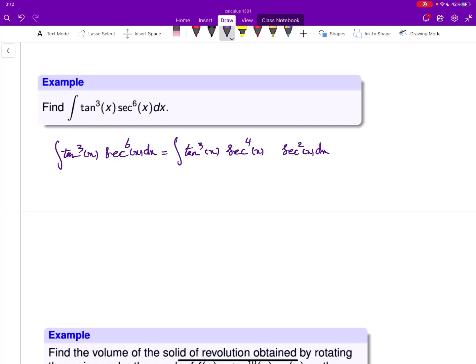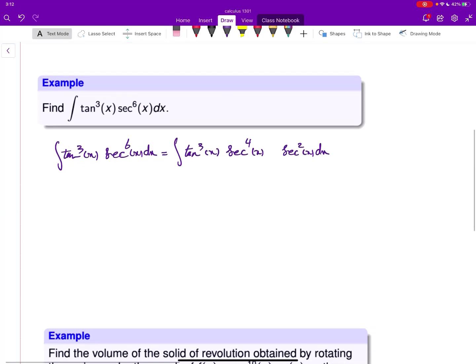Why do we need that? Because if you use u substitution, let me do this one with the black one, u sub, then we have u equals tan x will always generate the same du. Yes, secant squared x dx.